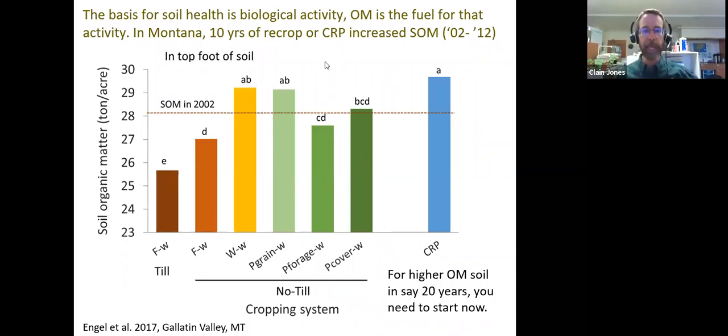2002 levels. But maybe it's because I'm a human and I'm impatient, and we need to think about these systems in the long term. They took thousands of years to build soil organic matter, 10,000 years of prairie grasses and forbs. Then in about 60 years of cultivation, we brought those soil organic matter levels down pretty substantially.